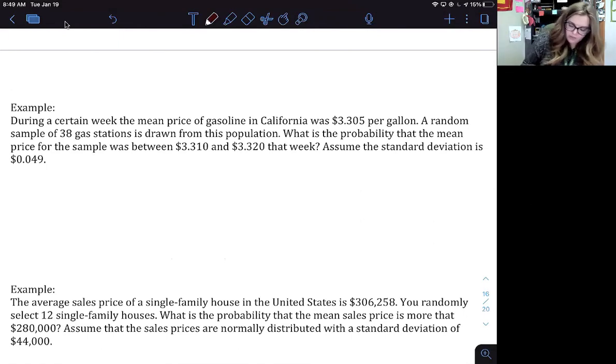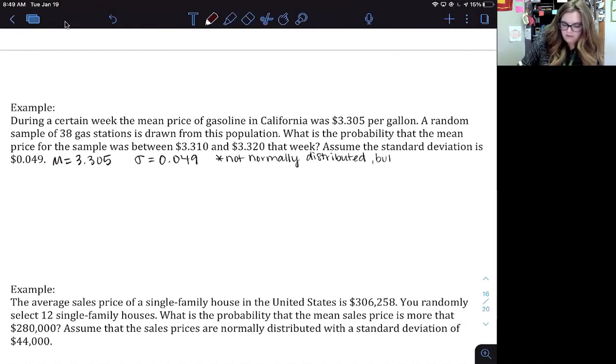All right, so what do we know? We know our mean is 3.305. We know our standard deviation is 0.049. It's not said to be normally distributed. It doesn't say anywhere in the problem about that, but it does say n equals 38.